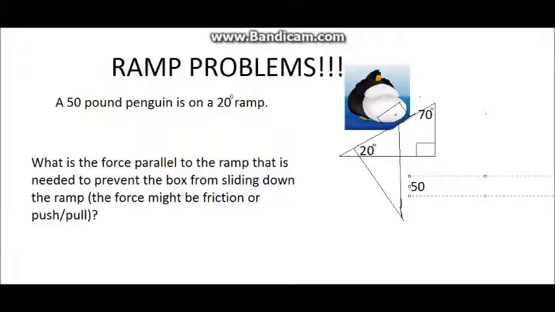So what you do is you draw a line straight down from the box, and then make another line perpendicular to the surface of the ramp, and make those lines intersect to form a triangle. The penguin weighs 50 pounds, so the magnitude of the hypotenuse of the triangle is 50. Since the top angle up there is 70, and the other triangle is made of 20 degrees, 70 degrees and 90, since the line is straight down, that's also going to be 70.